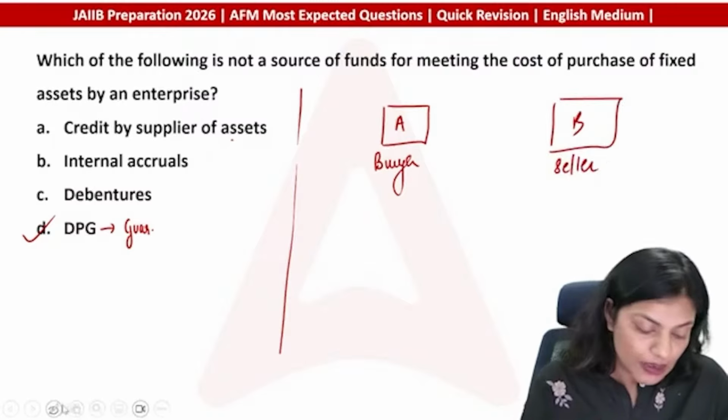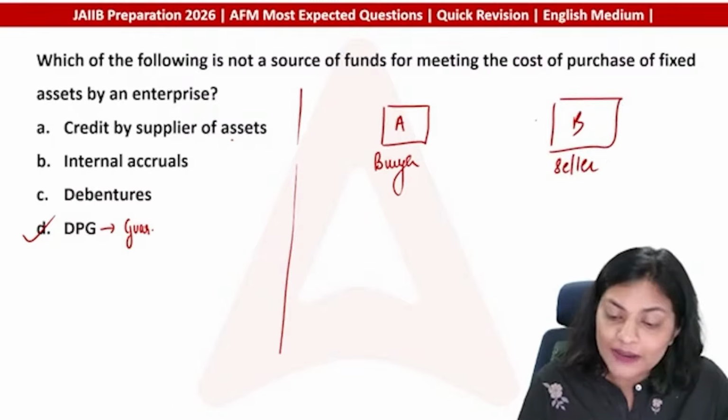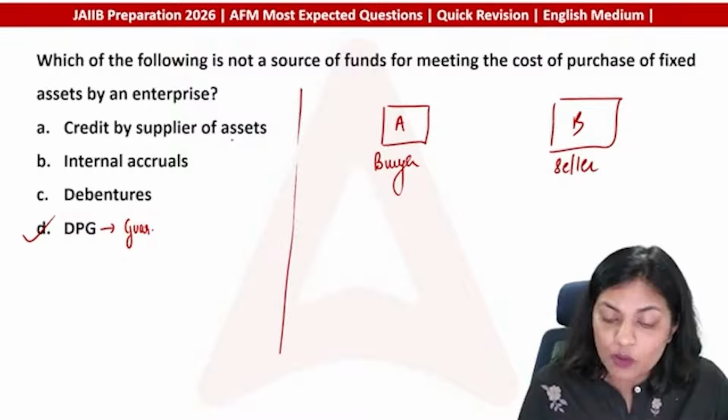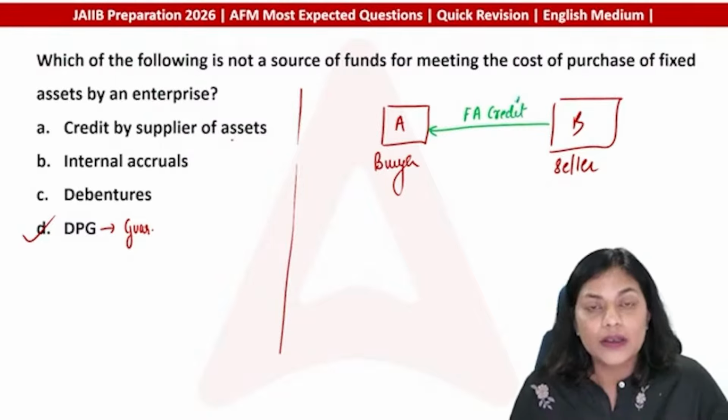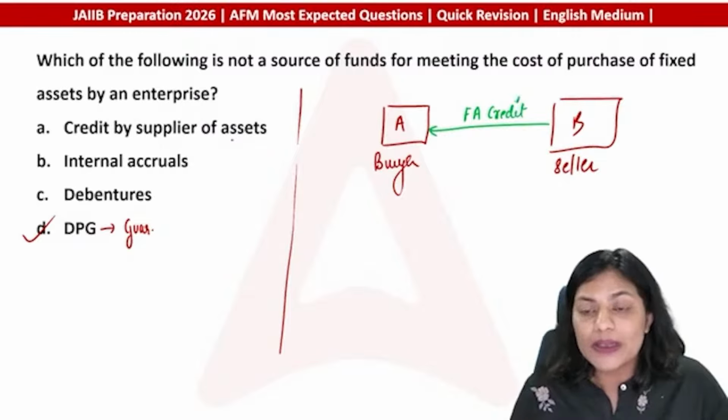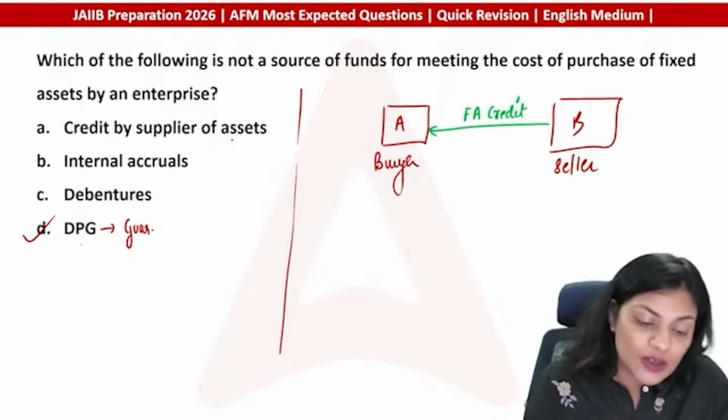Correct? Now, the buyer wants to buy goods from the seller, and that is a fixed asset on credit basis. Correct? Now, why is deferred payment guarantee not a source of fund? Because it is non-fund based.